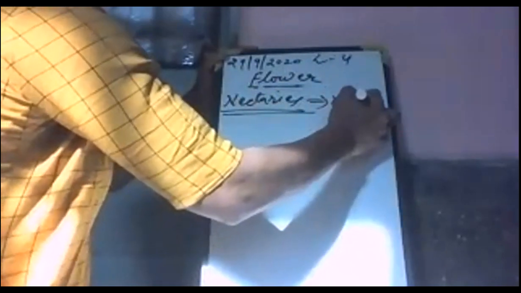The nectaries have nectar inside them, and there is a sweet fragrance. Some plants have a very good smell, and that attracts us and insects for pollination.